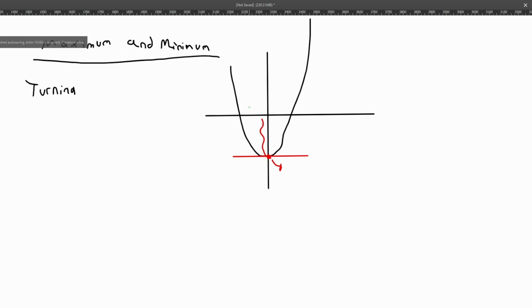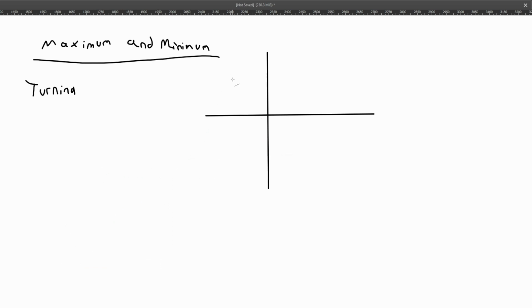Now let's draw a more complicated function as an example, something like this. If you try to find the turning points of this function, you will first have to set the derivative equal to 0, which would give you these 2 points, and these are in fact turning points because, as you can see, it's increasing, it's 0, and then it's decreasing, and then it's decreasing, it's 0, and then it's increasing.